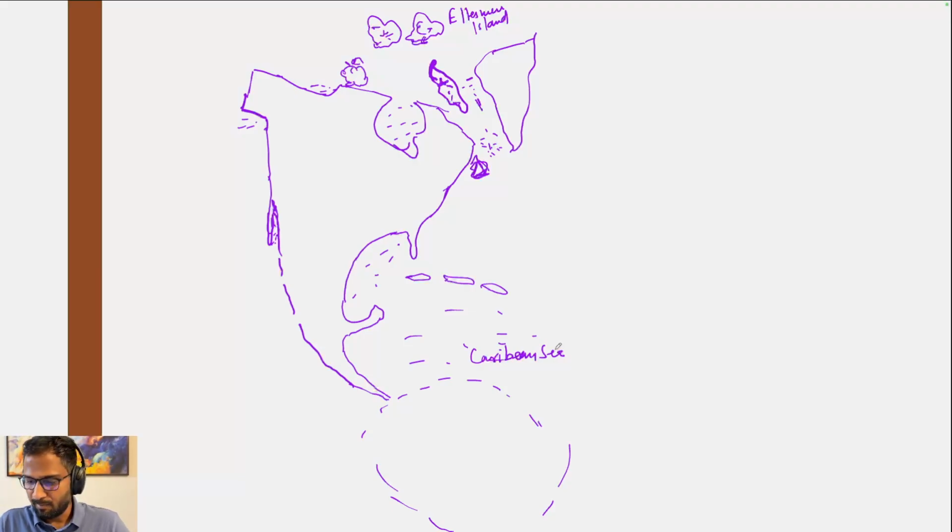Now let's see the mountains, plateaus, and the deserts in this map. So starting from the northern extension of the Rockies, it is the Brooks Range. Then this one is the Mackenzie Range, and in continuity till here is the Rockies. So let me write them. This is the Brooks Range.